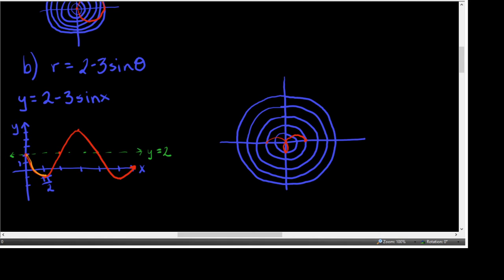All right. Now, that's working pretty well. So we've now finished the pi over 2 to pi part of our graph.